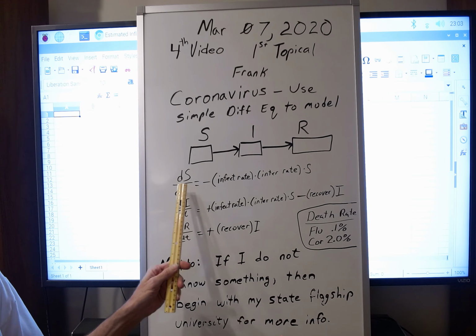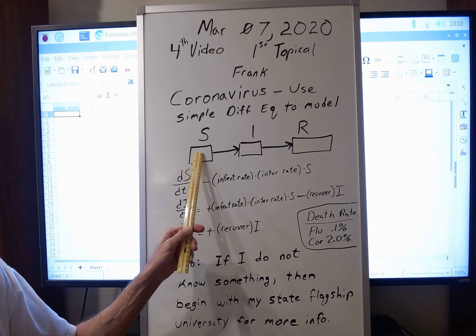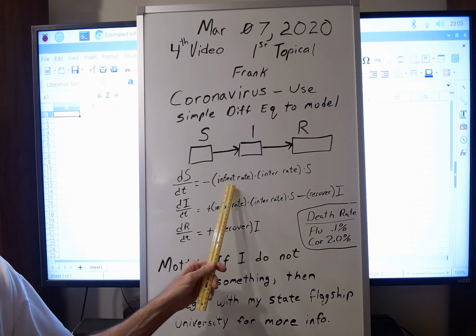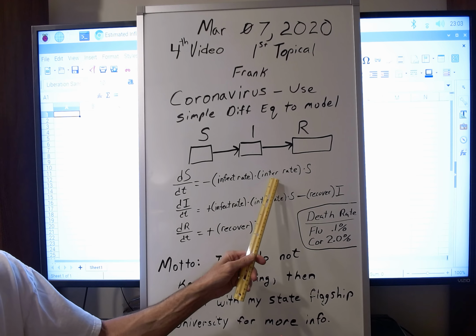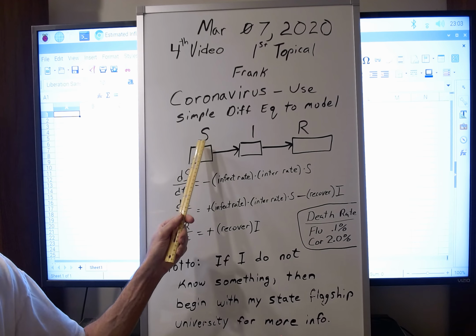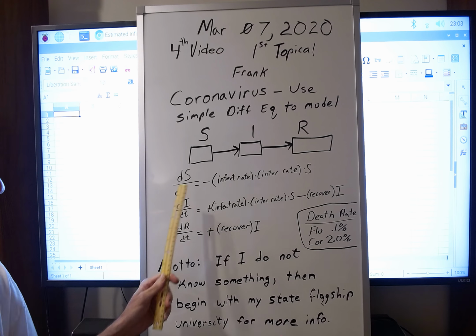The flow out of the S cell into the infected cell is the infection rate times the interaction rate times the number of people in the susceptible cell.